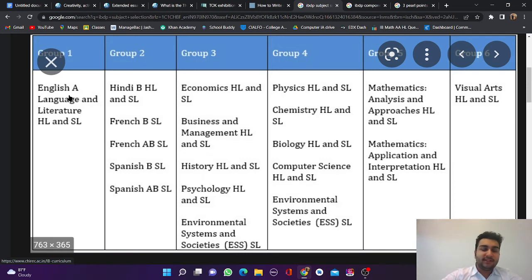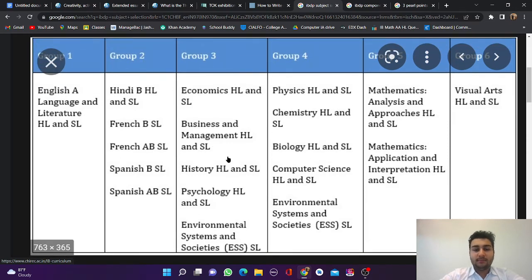So this is the language 1 group, and this is the language 2 group where Hindi, French, Spanish, and other options are provided. Group 3 is humanities, I think, and you can choose business management, history, psychology, and ESS or economics.